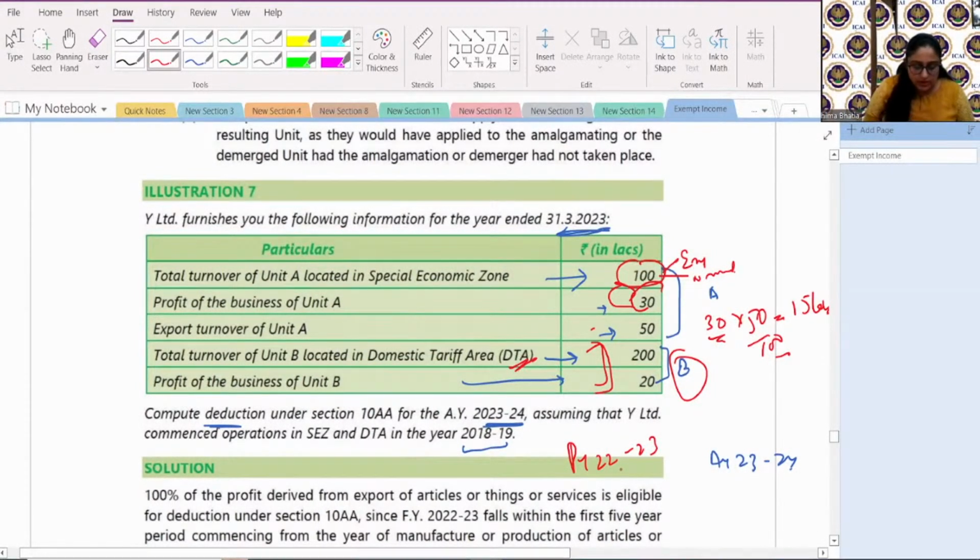So he's in the fifth year of the production, basically. Hence, 100% of such 15 lakhs would be allowed as deduction. Had it been sixth year, then 7.5 lakhs would have been allowed as deduction. Is this clear?